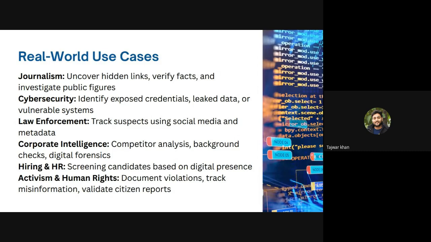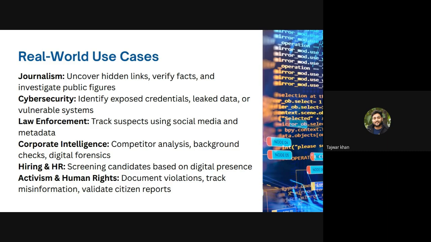Okay, so now let's come to the topic. There are lots of real world use cases of open source intelligence and digital footprints. Generally, people use open source intelligence to find hidden links and investigate something.